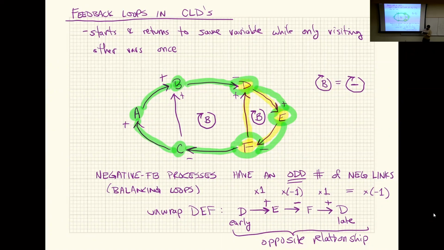What I mean by that is D is a variable, like a component in the system. And so I can think of this as the state of the system at time t, and this is the state of that component at time t plus a few seconds.